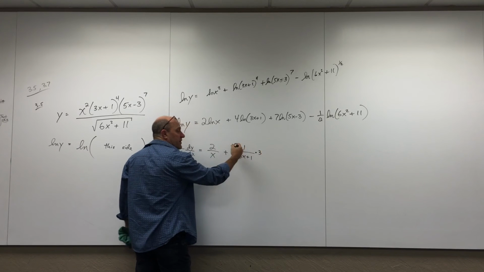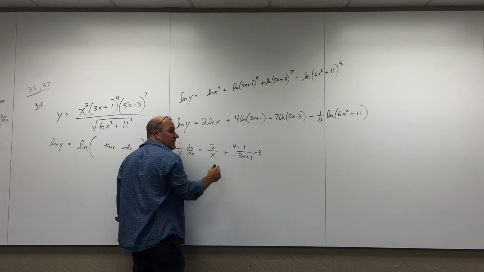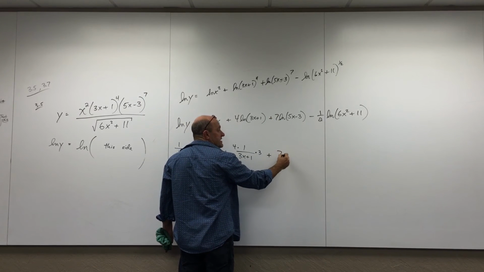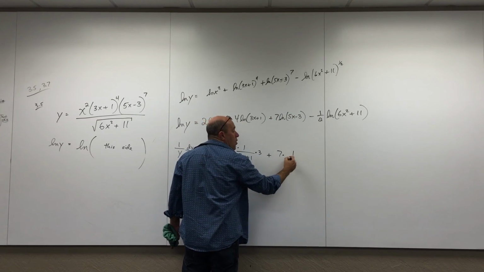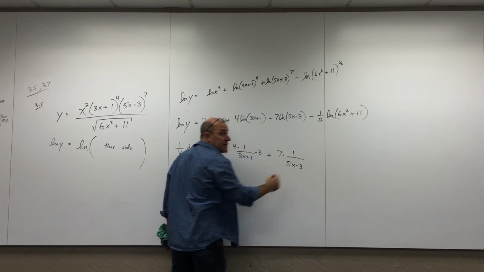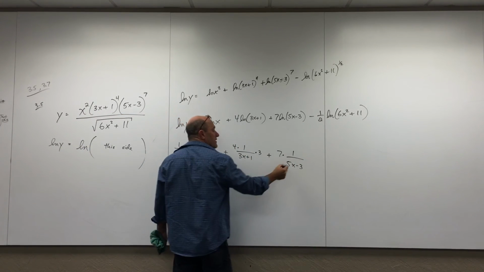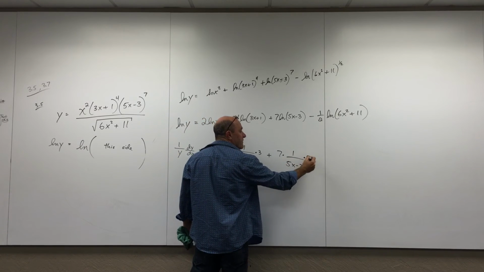So that'll be a 12, if you don't mind. You guys with me? The 7 sits here. You do the derivative of the log. 1 over 5x minus 3 times 7. I mean, times 5. The chain rule times 5.